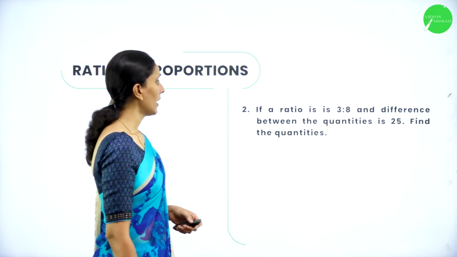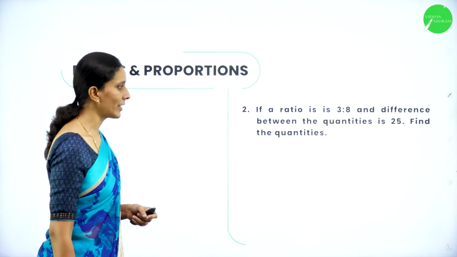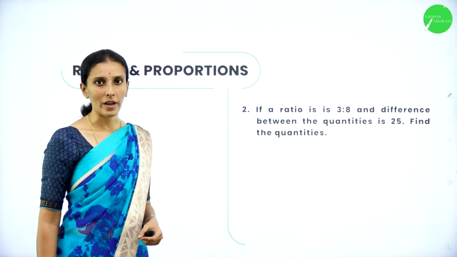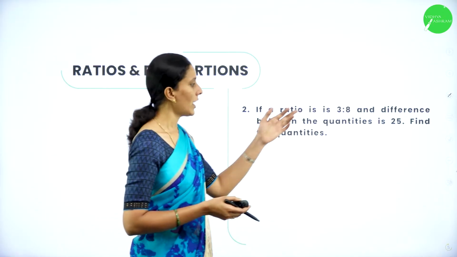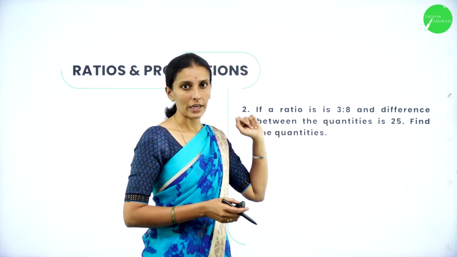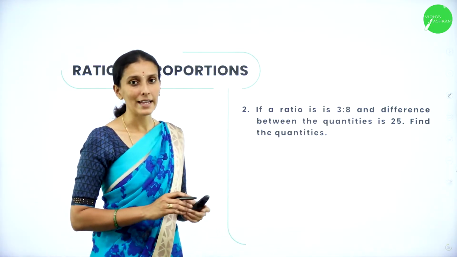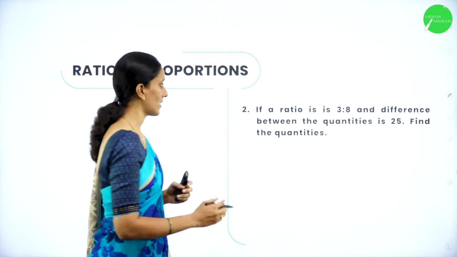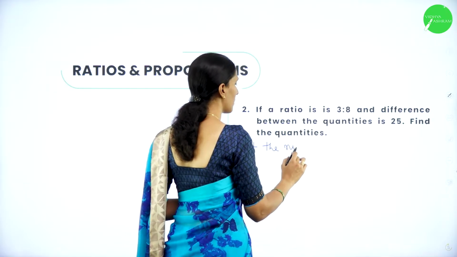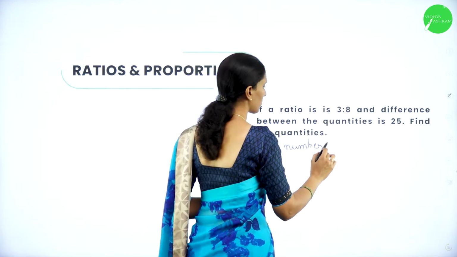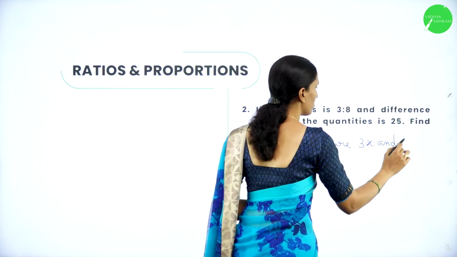Next question. If a ratio is 3:8 and the difference between the quantities is 25, find the quantities. They have not specified the numbers, but they have given that the numbers are in the ratio 3:8, and their difference is 25. Let me take the numbers as 3x and 8x.